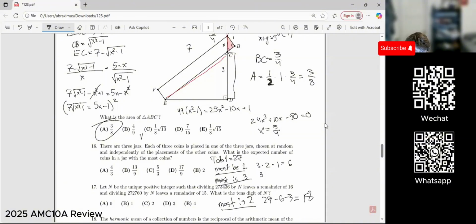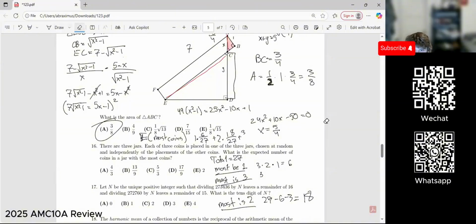So the expected value of most coins is going to be 1 times the probability of getting that situation, plus 2 times the probability of getting that situation, plus 3 times the probability of getting that situation, which is 3 over 27.